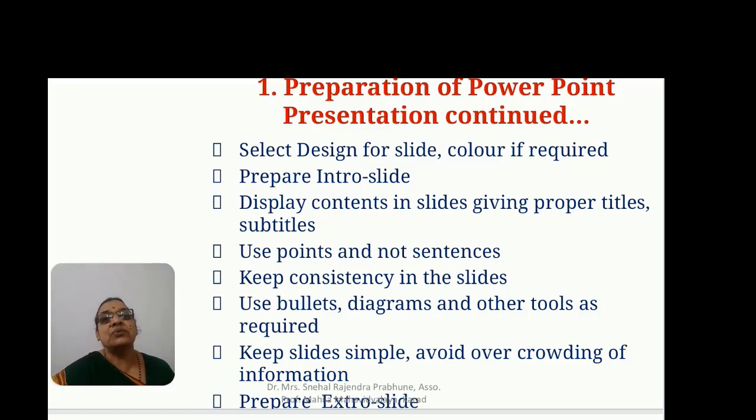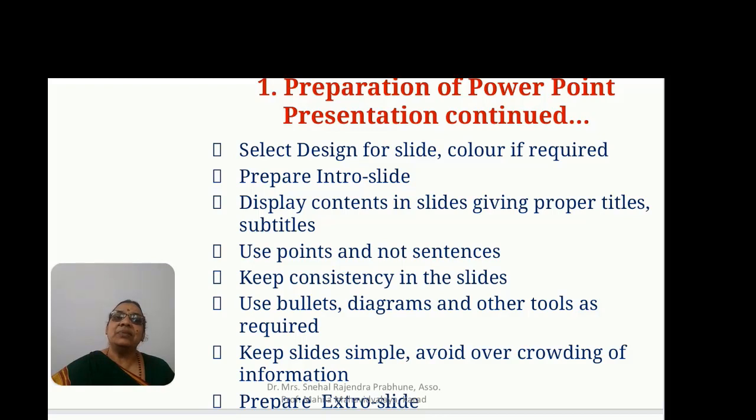We can make use of different types of bullets to present these points. Then there should be a consistency in the format of the slides that we use from the first slide to the last slide. Use of bullets, diagrams and other tools which make the information more comprehensible have to be used.